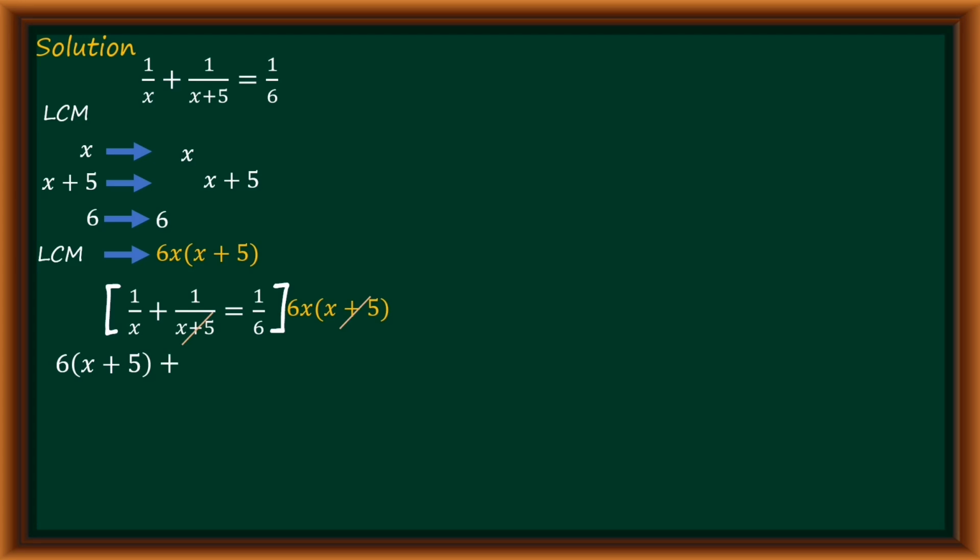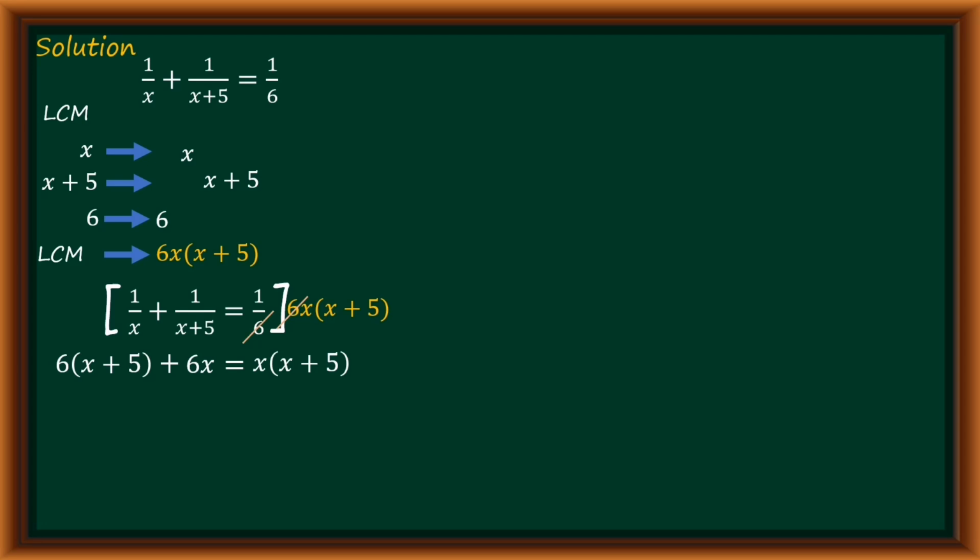So it will give us 6x. Then on the right side, if we're going to multiply this fraction 1 over 6 to the LCM, 6 is eliminated. So we have now the quantity x plus 5 times x.